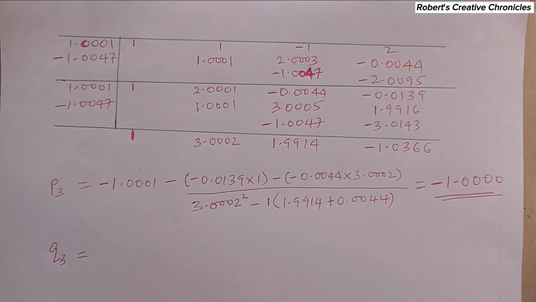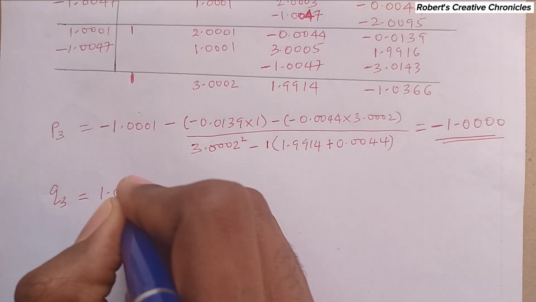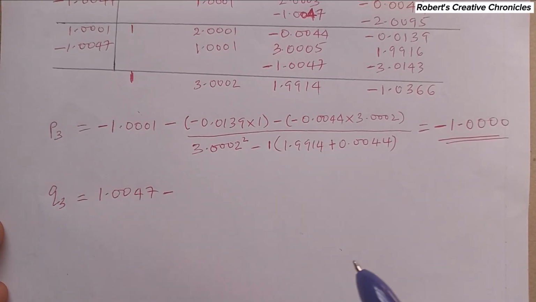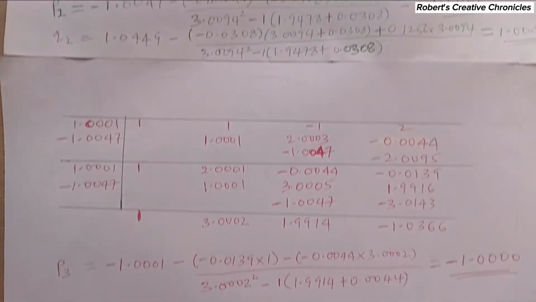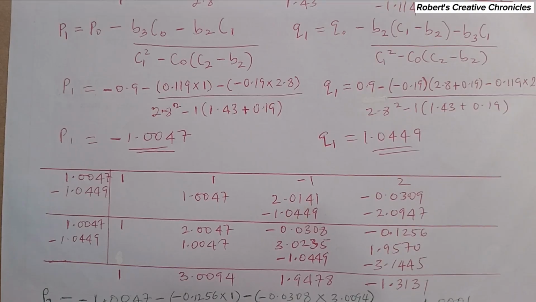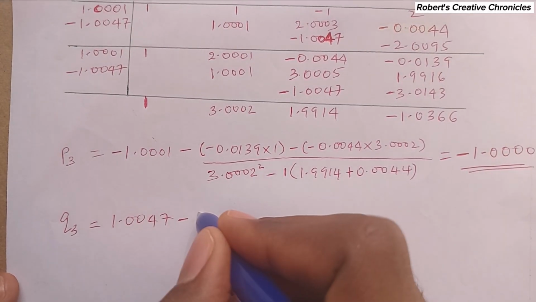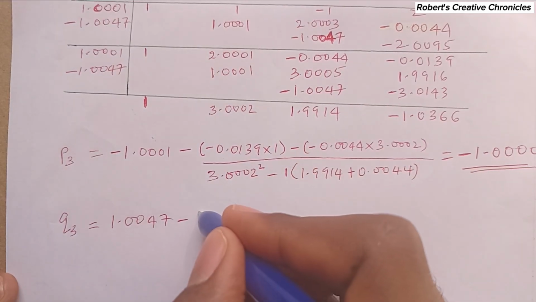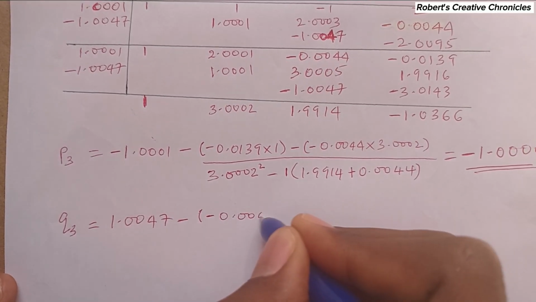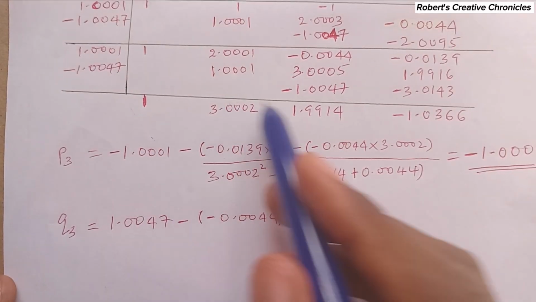Then Q3 is equals to what? It's equals to Q2, which is 1.0047 minus which one? Minus B2, C1 minus B2, B not B1, B2. Then C1 minus B2. This is C not C1, C2.